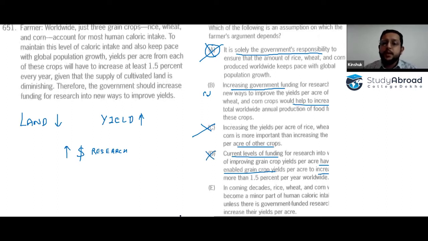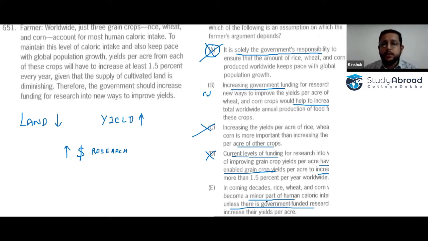Last one. It says in coming decades, rice, wheat, and corn will become a minor part of human caloric intake unless there is government-funded research to increase their yields per acre. So they are saying that they will be diminished, they will not be consumed that much if government is not funding, right? Unless there is government funded research. So without the government funded research, they will become the minor part of humans' caloric intake.